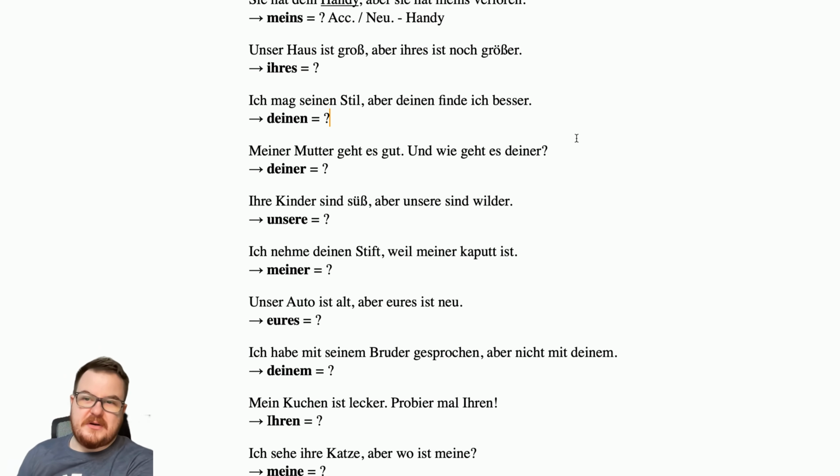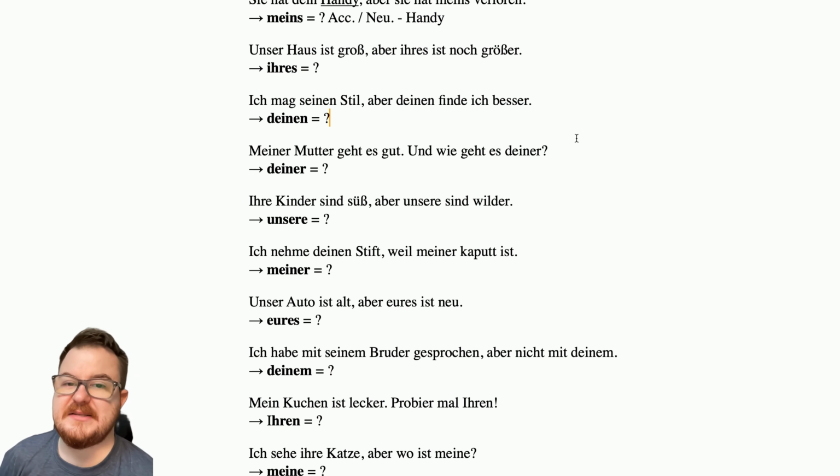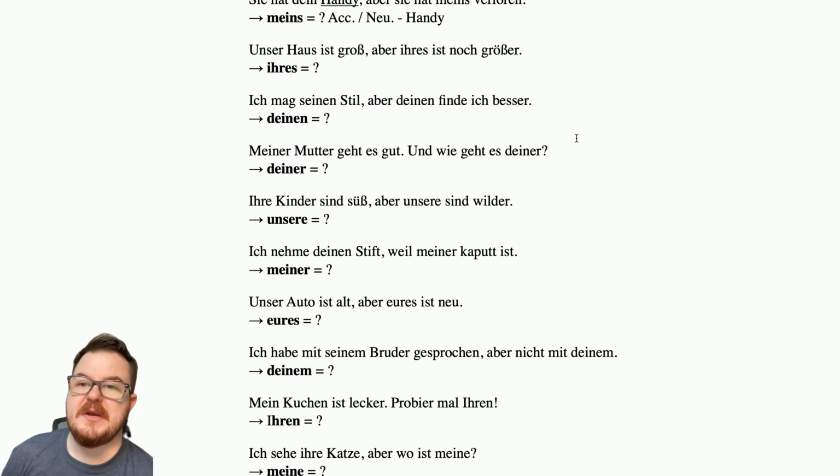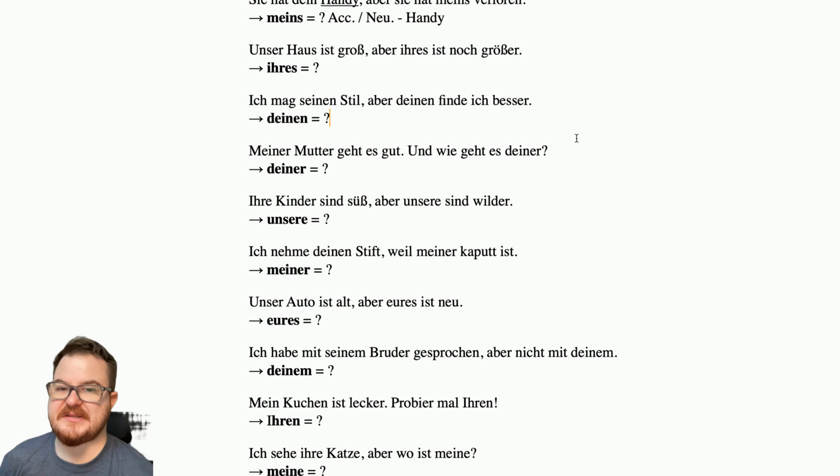So the sentences are: Das Haus ist groß, aber ihres ist noch größer. The house is big, but hers is even bigger. Ich mag seinen Stil, aber deinen finde ich besser. I like his style, but I think yours is better.